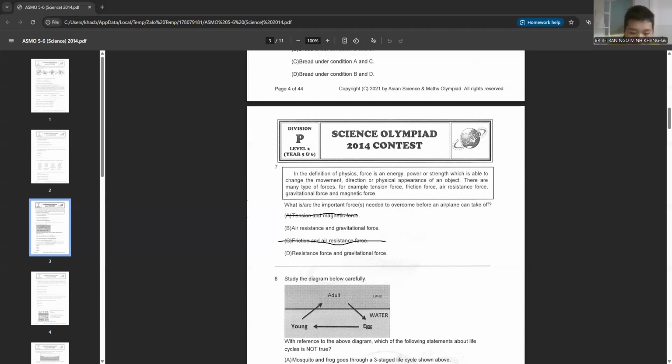Resistant force is something that's made up. The only thing that we know is air resistance. Air resistance exists. Resistant force is not a thing. So air resistance and gravitational force is the answer. All right. Thank you.